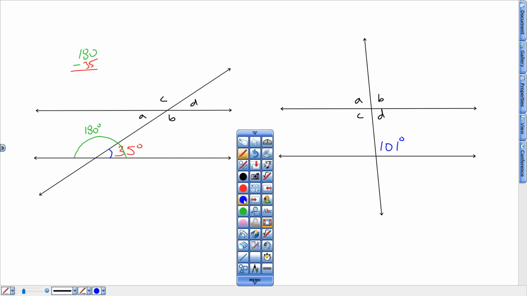So I'll use my calculator, type in 180, subtract that 35, that gives me 145 degrees. So again, those angles right next to each other add up to be 180.